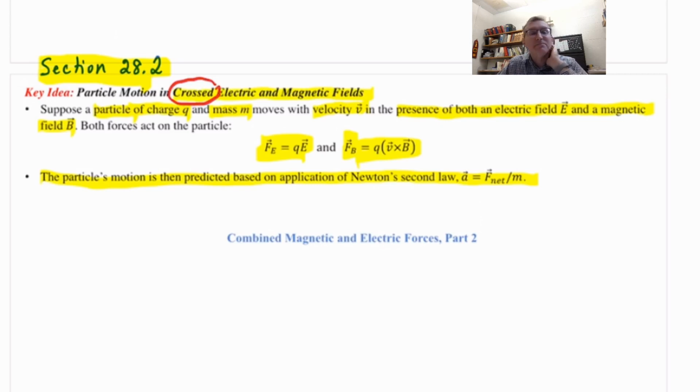And what that means is the electric field vector, E arrow, and the magnetic field vector, B arrow, are contrived so as to be at a right angle to each other, perpendicular. That's what crossed means in this case. And that, first of all, gives you some rather interesting motion. And second of all, it simplifies the math a little bit when they're crossed relative to each other. So now I want to go to a Wiley Plus simulation.